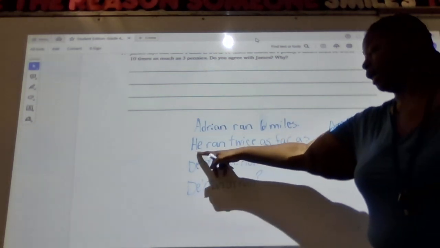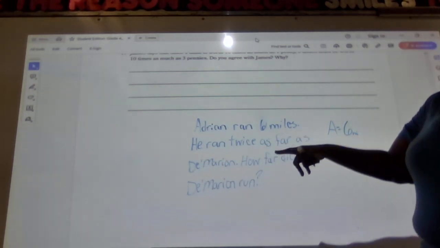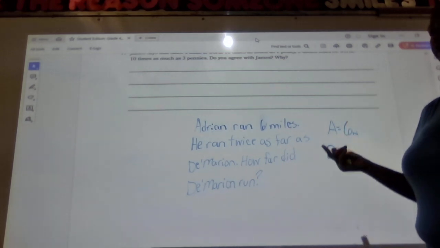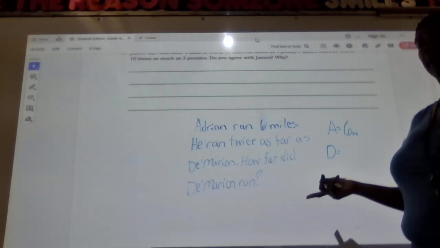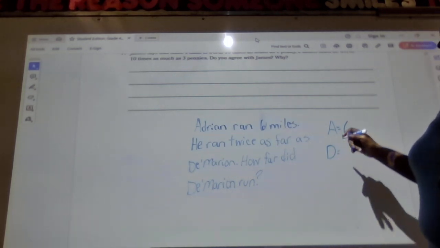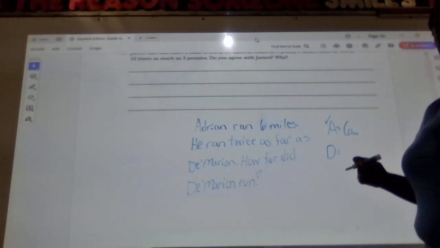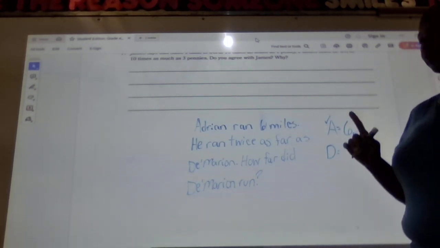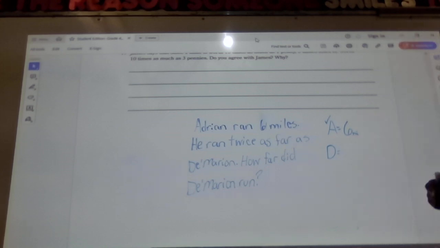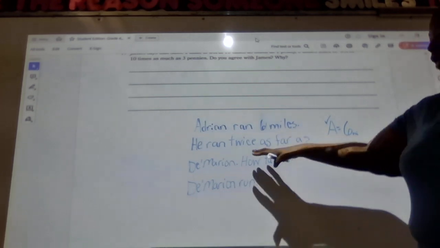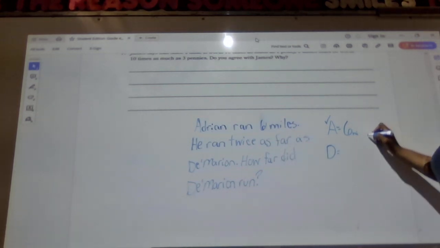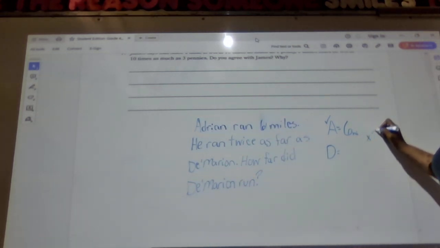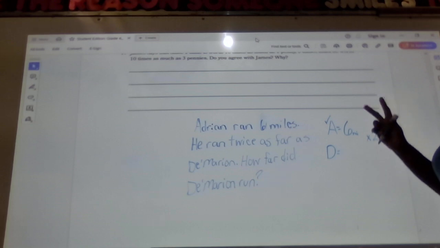It says he ran twice as far as Demarion. So who ran further? Was it Adrian, which is the he, or is it Demarion? It is Adrian. So Adrian gets the check. And that's very important, and you're going to see why. So they're going to check which one went further, and Adrian actually went twice as far. So look what we're going to do over here, times 2. Because we know twice means 2.